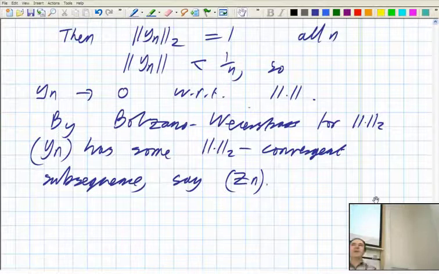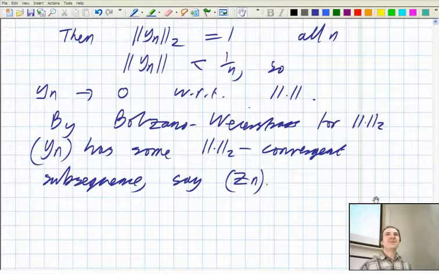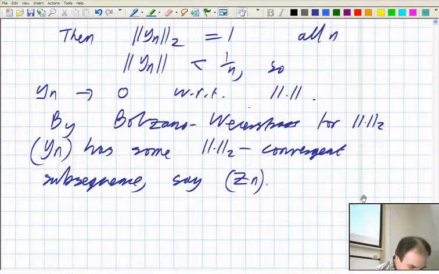Though if you want to call it y sub n sub k, you can. I don't care. Your favourite notation for subsequences is allowed.